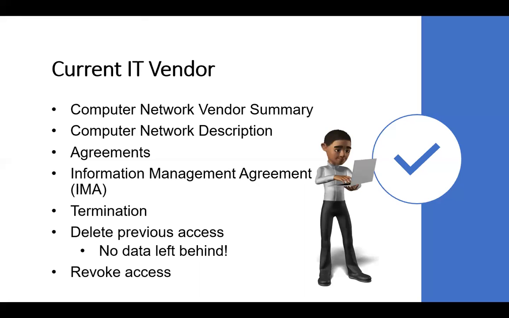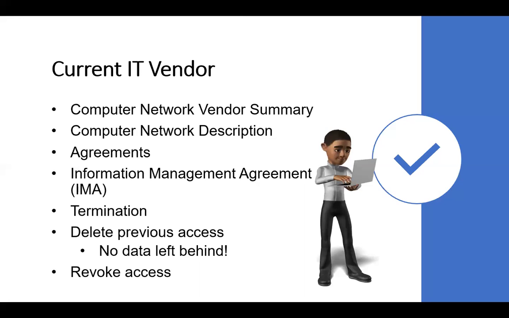So if the vendor changes or the healthcare practice changes, what are the appropriate exit agreements for termination, and how are you going to have continued access to patients' records? So make sure that you've got those termination and liability clauses updated. Make sure that there's no data left behind. If you're changing vendors, if you're changing EMR systems, make sure that you have care and control of the patient's information for the entire retention period.